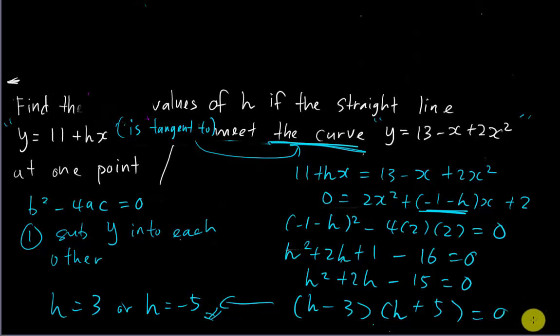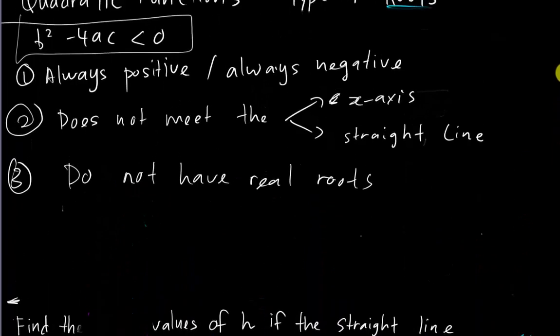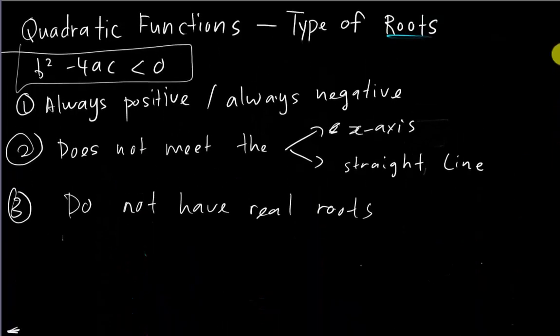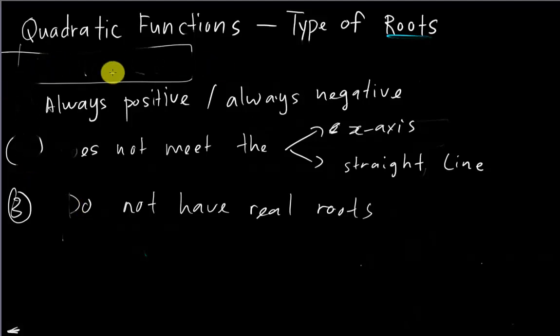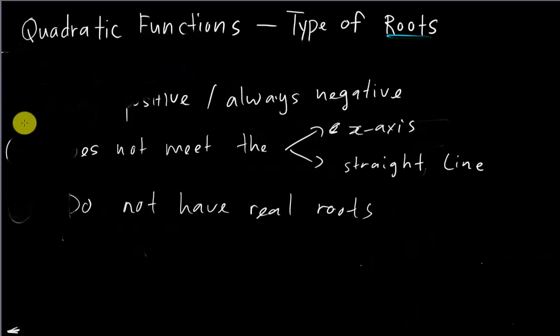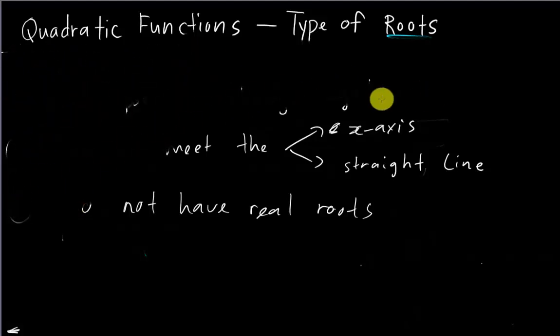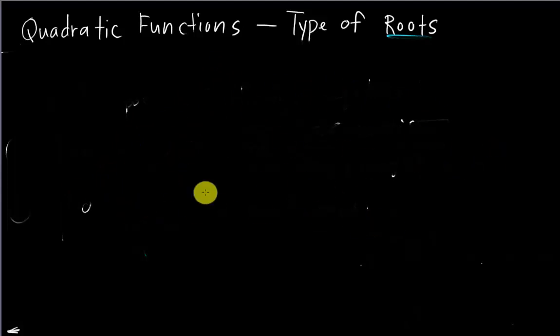I hope this short video can help you understand this topic better. Just remember you have a few terms: b squared minus 4ac less than 0, equals to 0, and bigger than 0. Let me revise before I end this video.